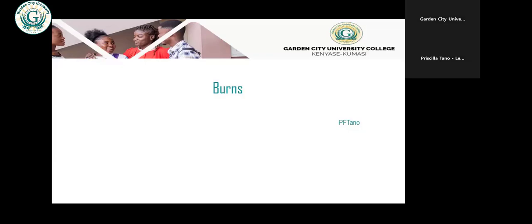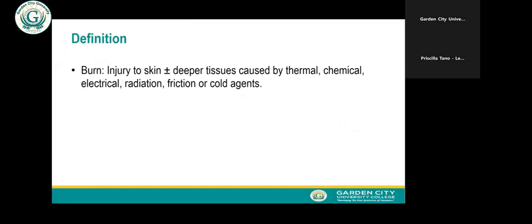So what really is a burn? It is a soft tissue injury, damage to the skin and soft tissue.